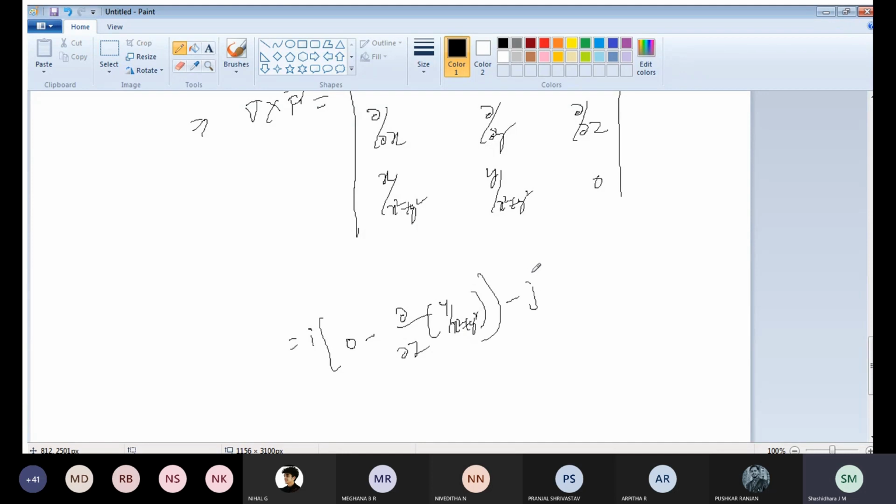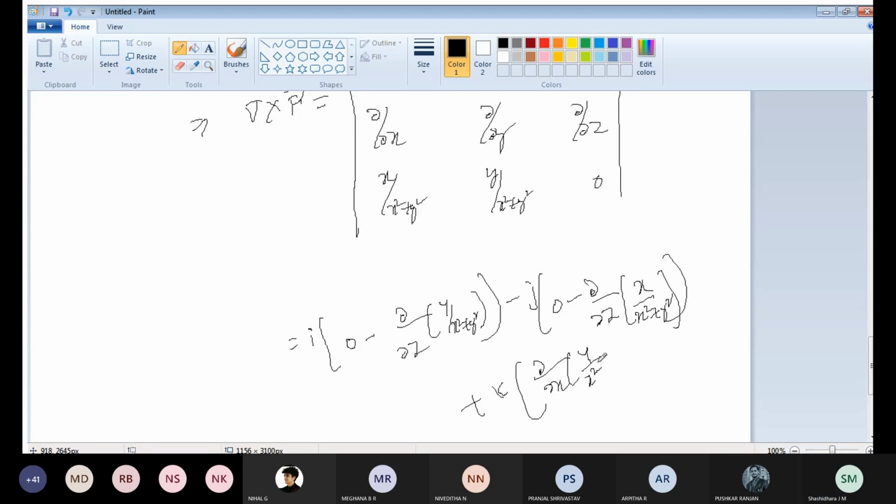Okay, next minus j again. This one, dou by dou x into 0 is 0 minus dou by dou z into x by x square plus y square, then plus k into dou by dou x into y by x square plus y square minus dou by dou y into x by x square plus y square.